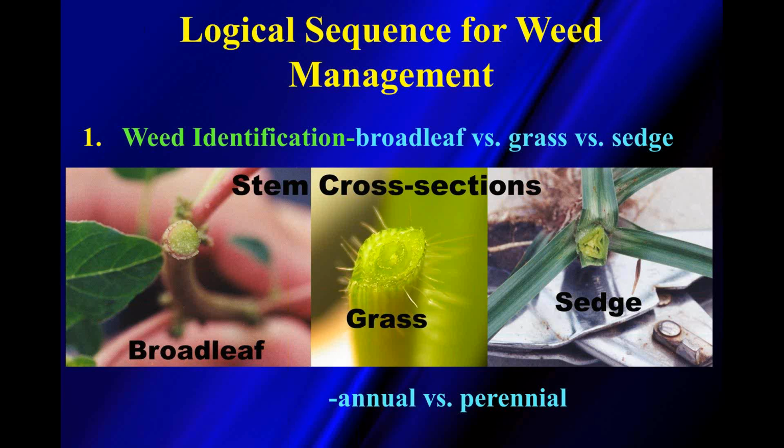In the case of a perennial, it will have a much more robust root system and usually have some main rhizomes that break off from plant parts that are underneath the surface of the soil.